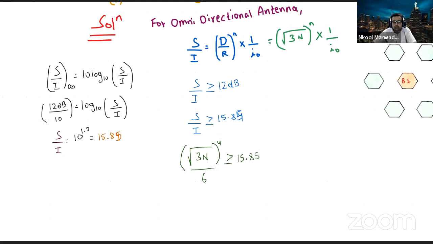So I can bring 6 here, and the root and the 2 will cancel, so 3n square should be greater than or equal to 15.85 into 6.